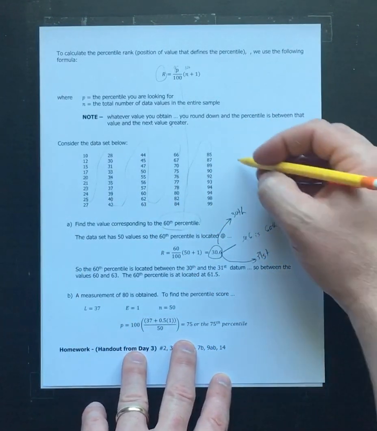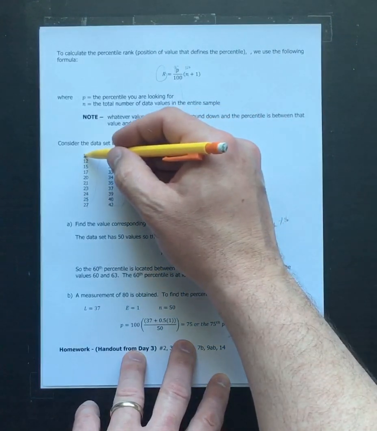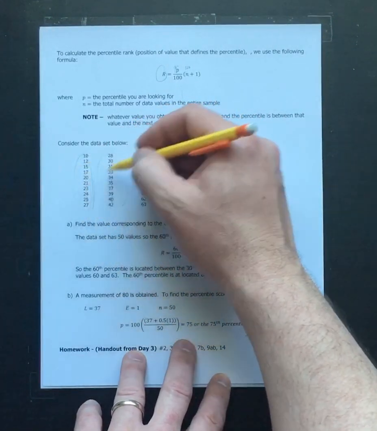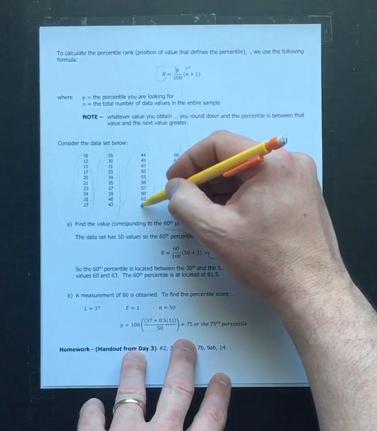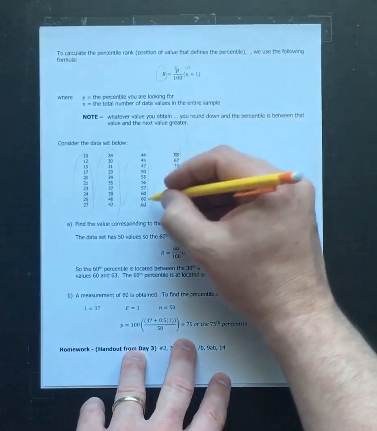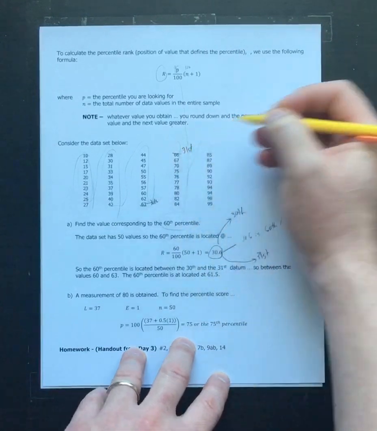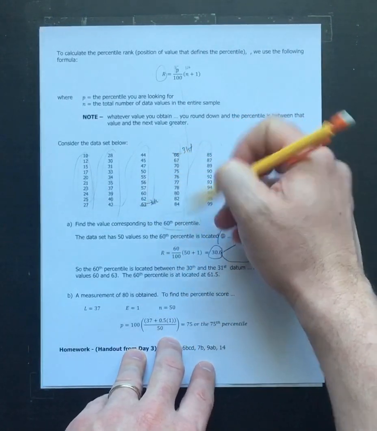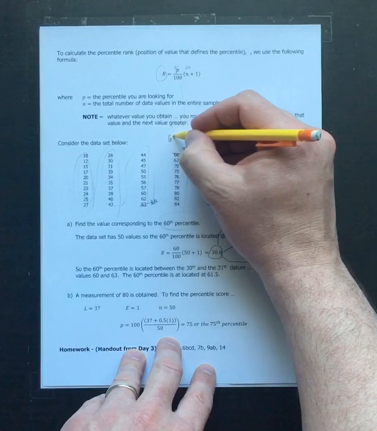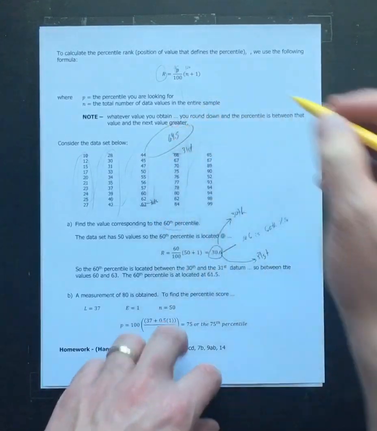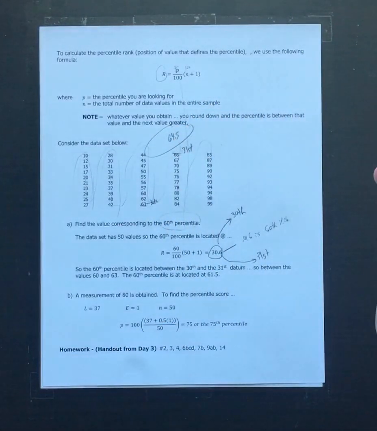So between the 30th and the 31st value. This is 10 out of 50, so that would be 20%, 40%, 60%, which would be right here and right here. So between 63 and 66, which of course would be a 64.5. So that would be the actual value for that.